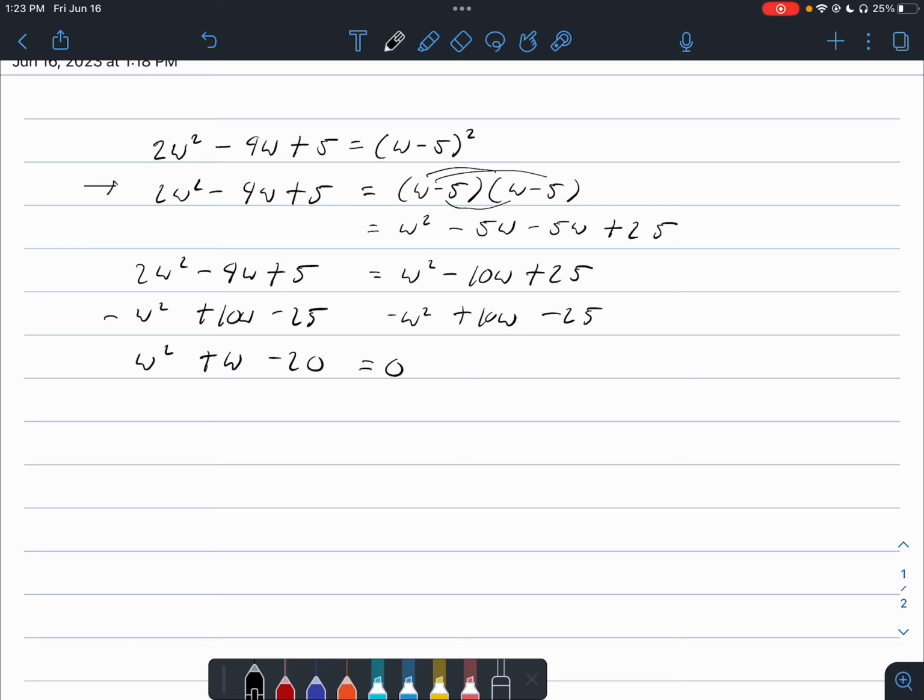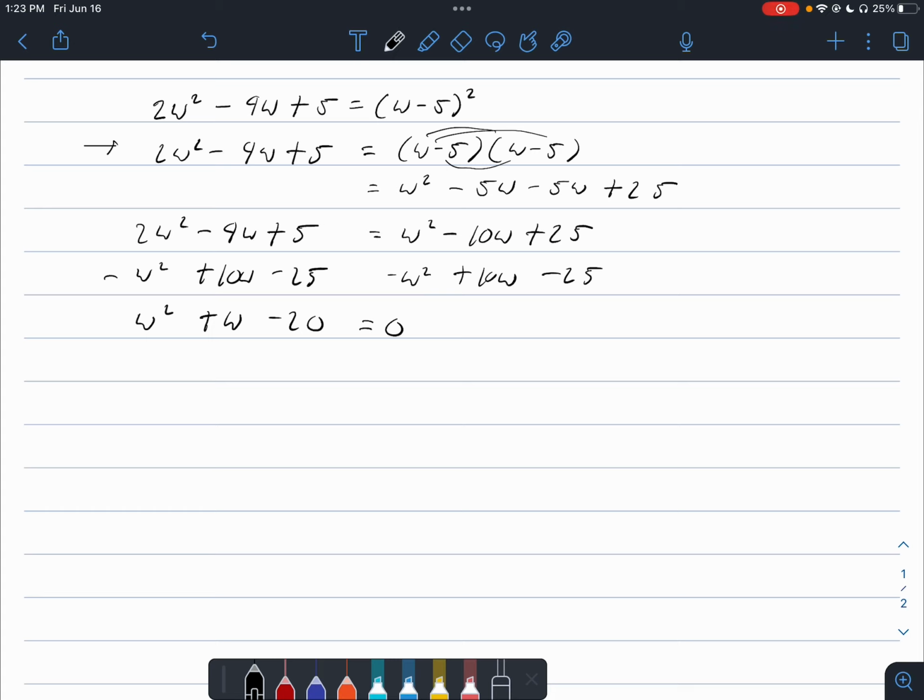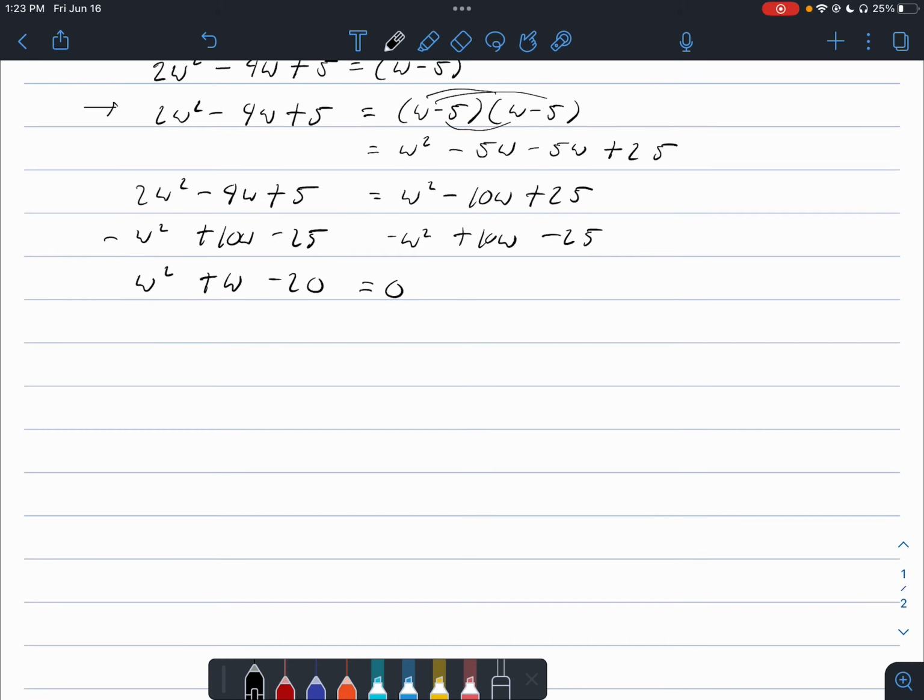All right. So now hopefully this is something that we can deal with a little better. So we want to try and find two numbers that multiply together to give us negative 20, but add together to give us 1. Okay, because we have to think of this as like a 1 in front of this w here in the middle. Okay, so I'm thinking let's do a 5 and negative 4.